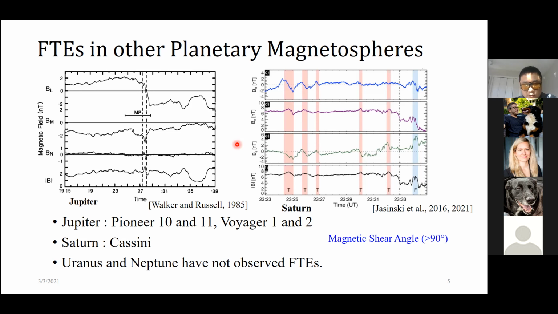It's similar to the Earth. Those flux transfer events are normally separated by around 10 minutes, and they require the magnetic shear angle across the dayside magnetopause to be larger than 90 degrees to occur.